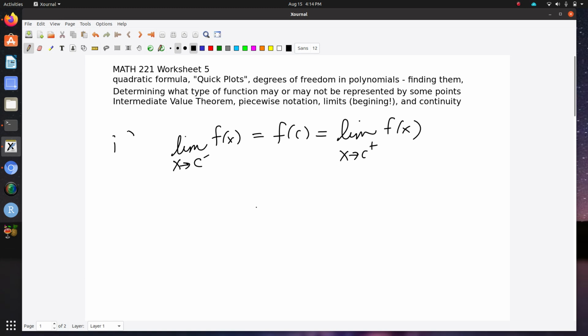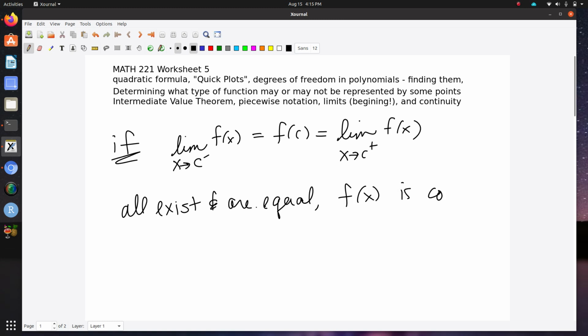So if all three of these things exist and are equal, f of x is continuous at x equals c. Okay? That's what it is, and that's my story.